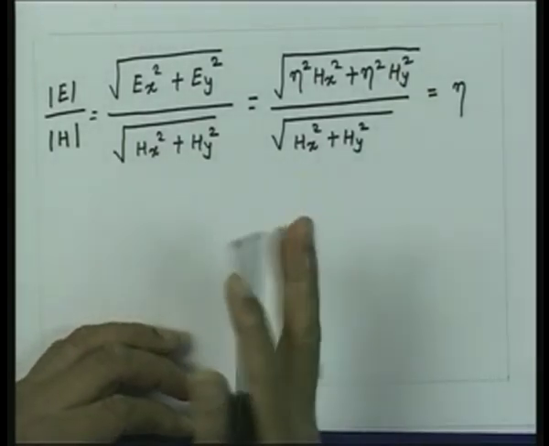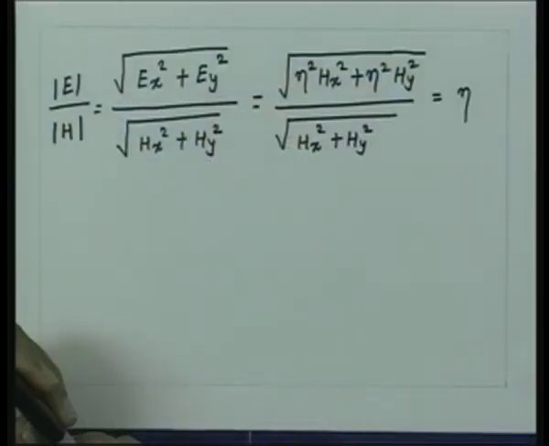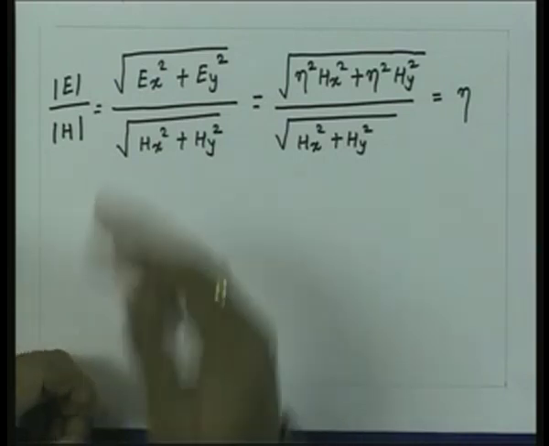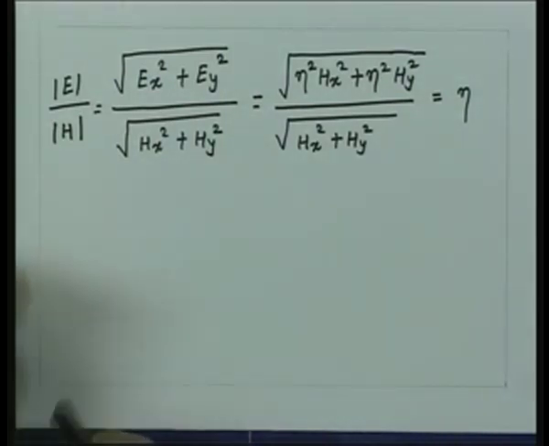So, as and when you require a knowledge of the magnetic field, we can always derive it explicitly, but we do not have to carry separate information for the magnetic fields. So, from now onwards, when we talk about the wave propagation in this medium, we describe the characteristic only for the electric field, and as and when we need the knowledge of magnetic field, we can extract it from the knowledge of the electric field.